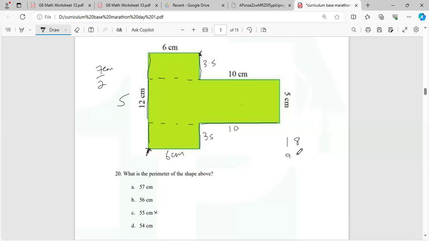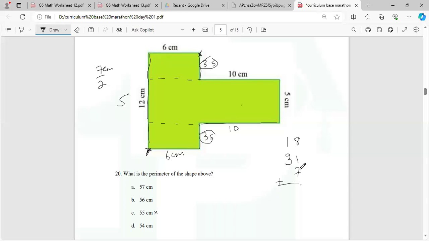And then I'm going to just add 7 for the 3.5s. So let us see if it's really 56 or 57. 9 plus 7, 16. Alright, so I think 56.